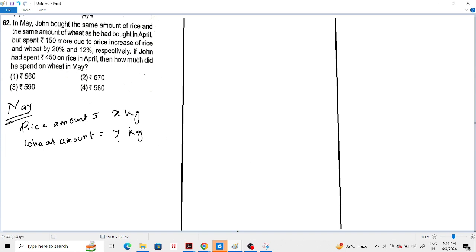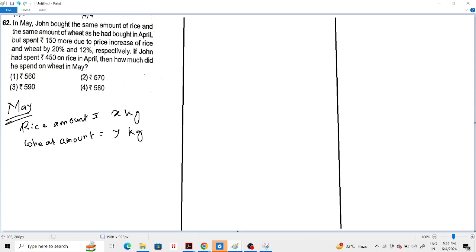Like I did it that way, I did not take x and y separately. I solved it by taking the price of wheat as x only. Because I think there's no need to go for two variables. We can just solve from the amount spent only.